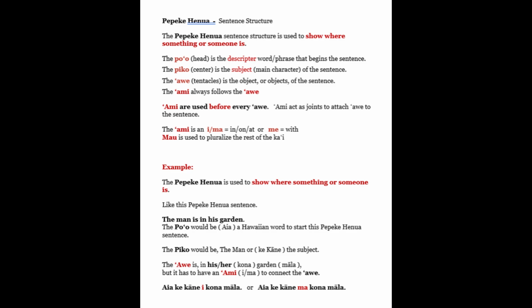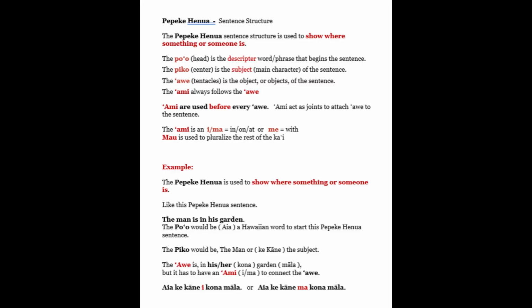This is to show where something or someone is. So in this example, we are going to be saying, the man is in his garden. Whenever you start a Pepeke Henua sentence, it starts with the Hawaiian word ia. The po'o would be ia.